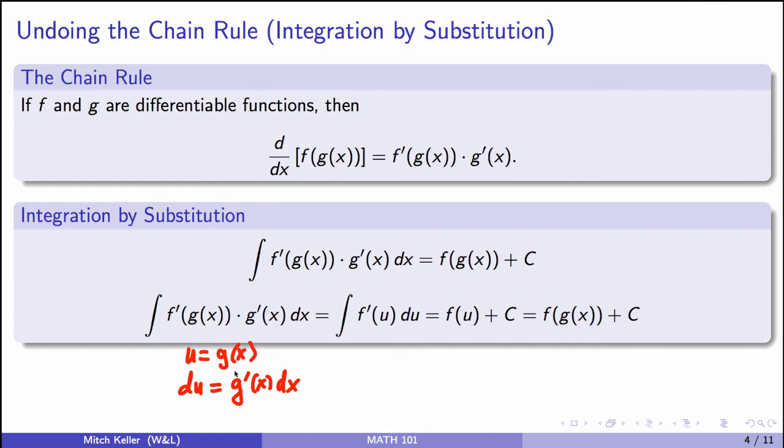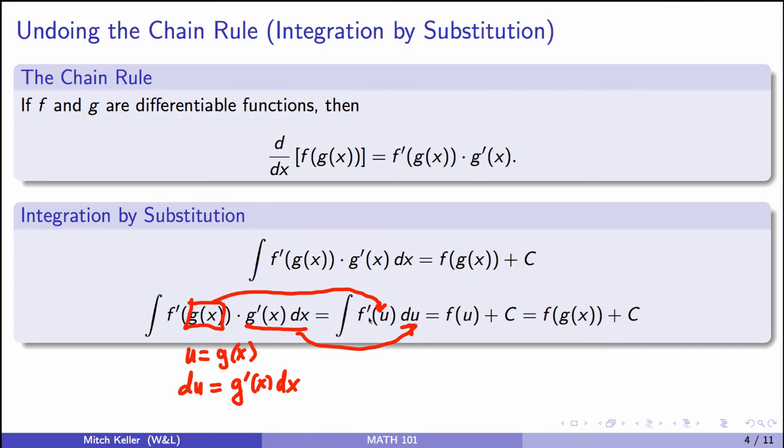Then I look here and I see a g prime of x dx, and I turn that into a du, and I see a g of x here, and I turn that into a u. Now I look at this and say, oh, I need an antiderivative for this function f prime of u with respect to u.